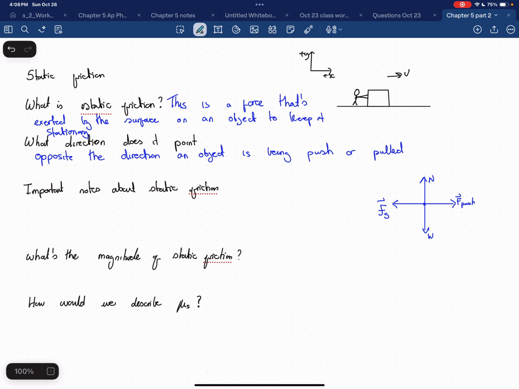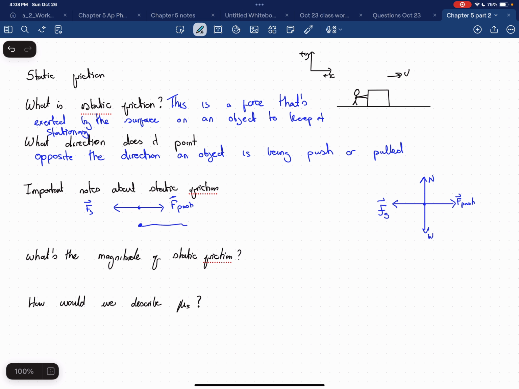For example, if I have a net force of this size, my static friction would be that same size. So this is my F push, and this is my static friction.